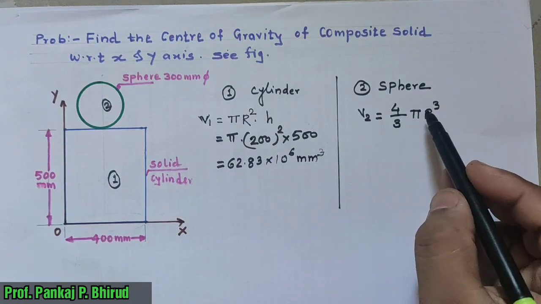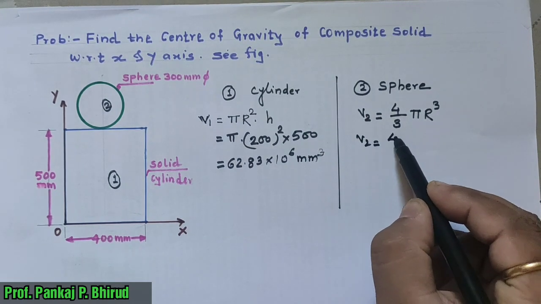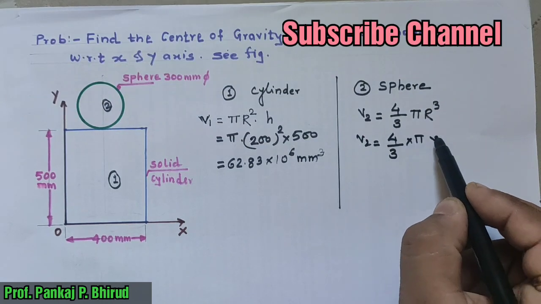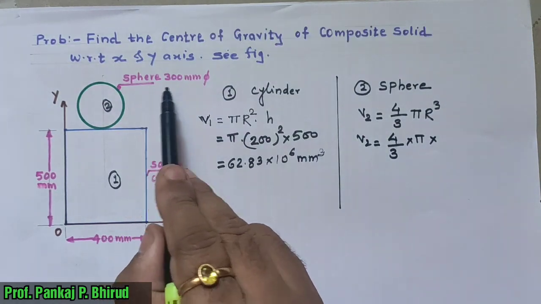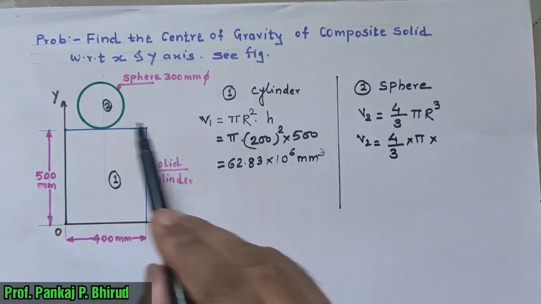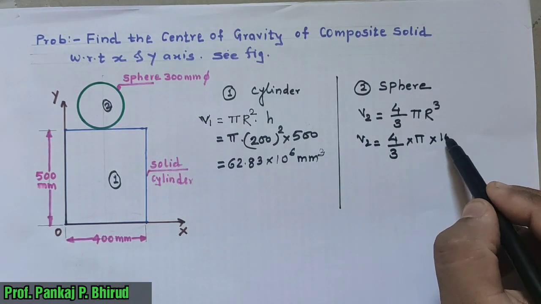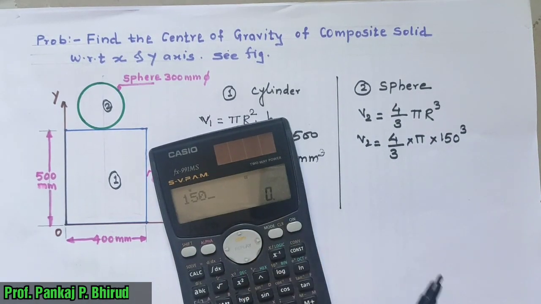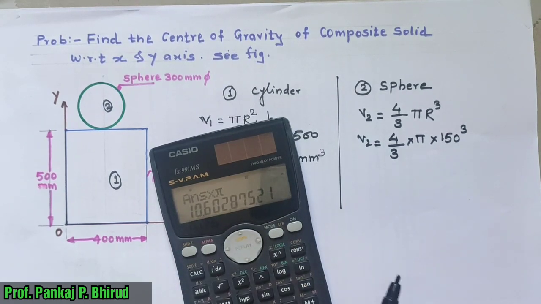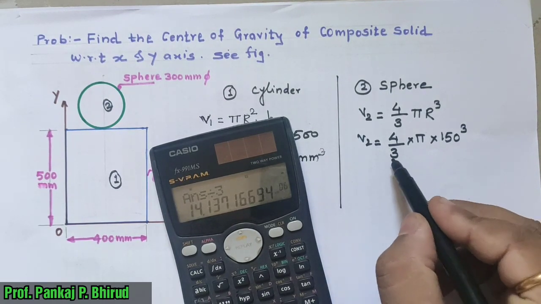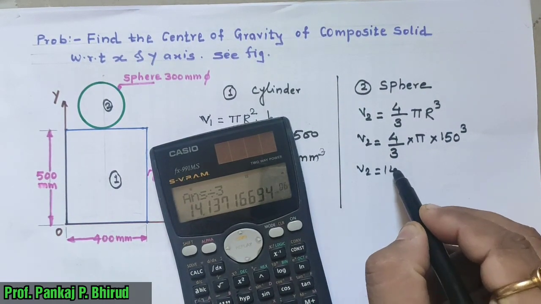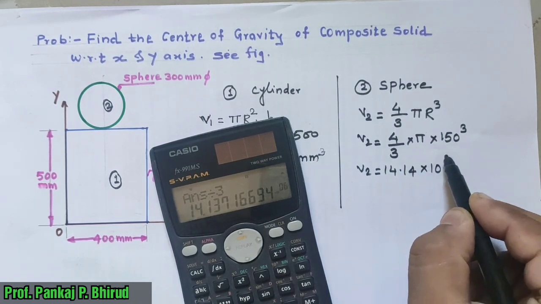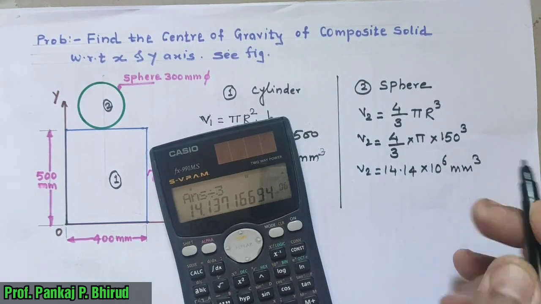Now calculate the volume of the sphere. V2 equal to 4 upon 3 into pi. Now the radius of the sphere: here the diameter is 300, so its radius is 150 and its cube. So by calculating 150 cube into pi into 4 divided by 3, we get V2 equal to 14.14 into 10 raised to 6 mm cube.